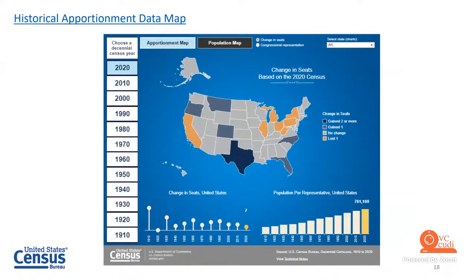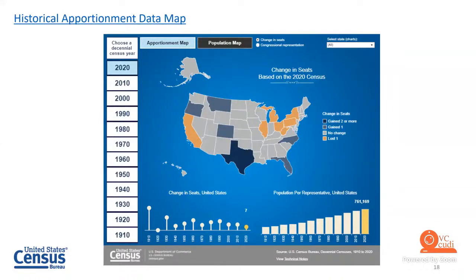This is the historical apportionment data map, which was released by our communications directorate as part of the 2020 census apportionment release. And it includes historical apportionment data from 1910 to 2020, and represents the apportionment and population data as a map and in charts and graphs as well.